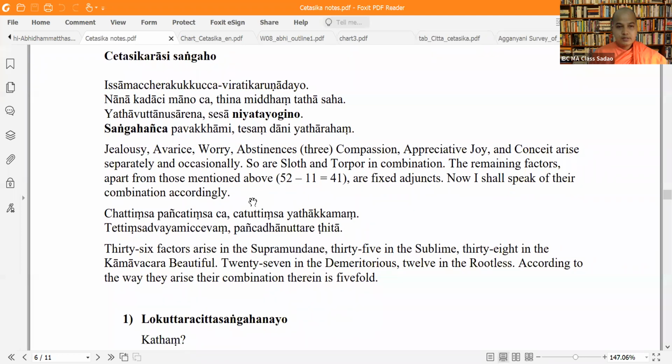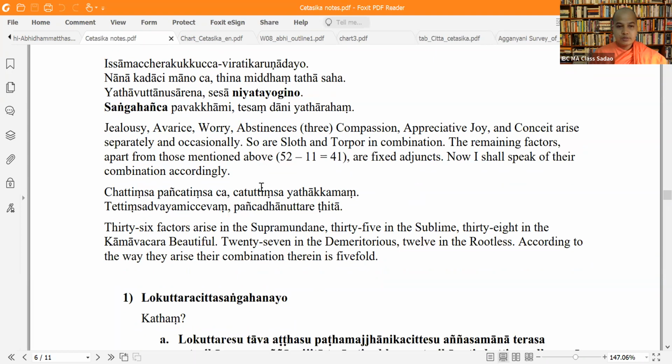So what it says here is that jealousy, avarice, worry, abstinences, compassion, appreciative joy, and conceit arise separately and occasionally. So are sloth and torpor in combination. The remaining factors, apart from those mentioned above, are fixed adjuncts. Now I shall speak of their combination accordingly.